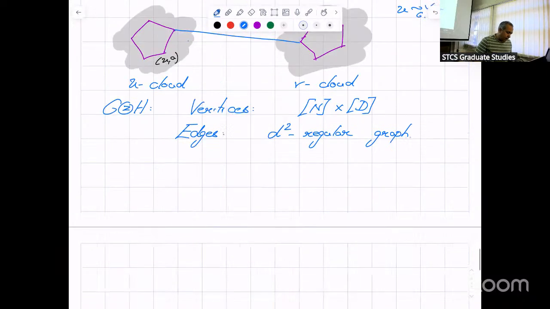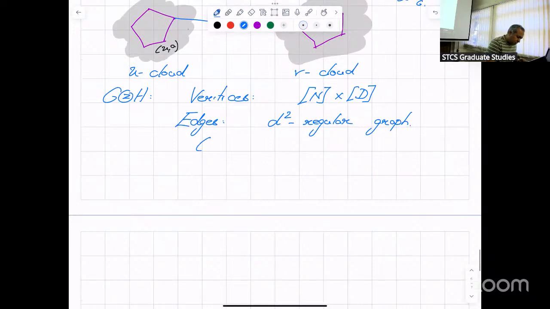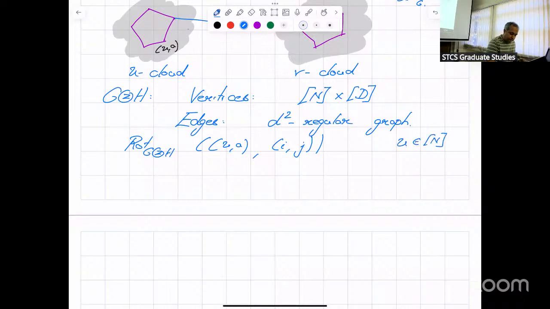So in particular, I have to tell you this. If you give me, I'm going to specify rot GZH of U comma A and a I comma J, where U belongs to N, A belongs to D, and I, J belong to small d.